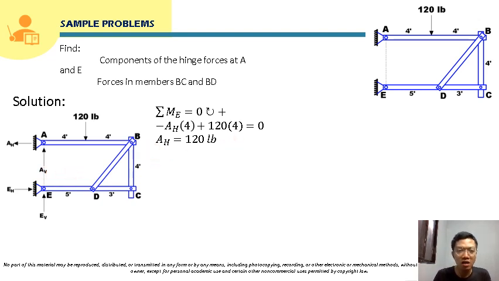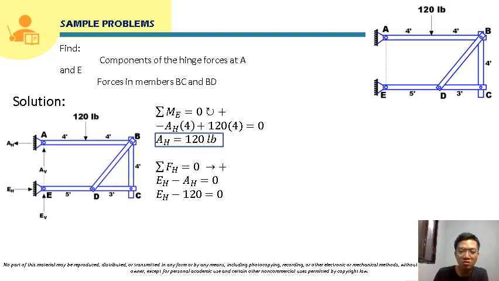We can box this already, since this is the component of the hinge force at A. We can also solve for EH by summing forces horizontally: EH minus AH is equal to 0, so EH will just be 120 pounds. We can already box that.